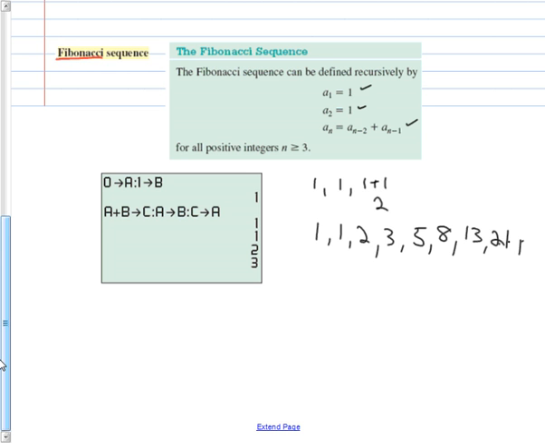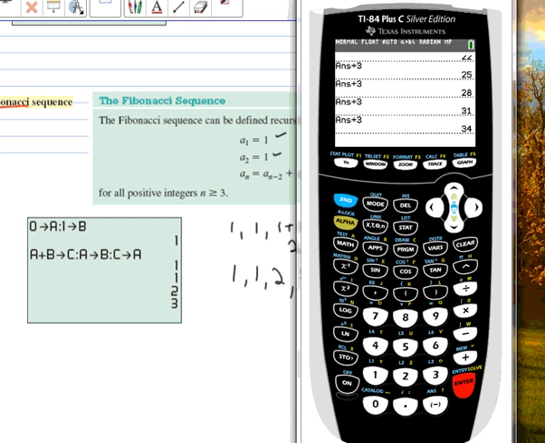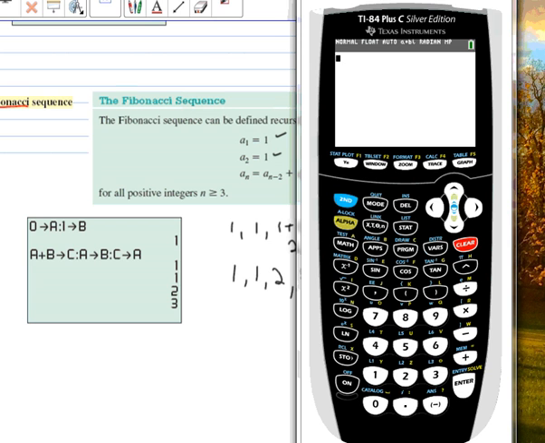Now I'm going to show you that little programming way. Let's see what this notation means so we can put it in our calculator. They say take 0 and store it as your A value. 0, store, which is right above your on button, alpha A, colon. 1 is going to be stored as B, so we can do both at the same time.